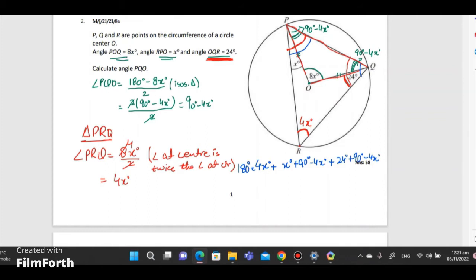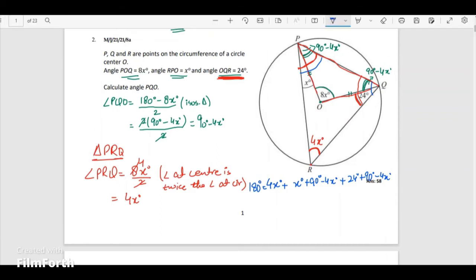So let's simplify this expression. This is 180 degrees equals 4x degrees minus 4x degrees and minus 4x degrees. So this and this get cancelled, but I'm left with x degrees minus 4x degrees, that would be minus 3x degrees. And I have 90 degrees plus 90 degrees, that's 180. So 180 plus 24 is 204. So I get plus 204 degrees.